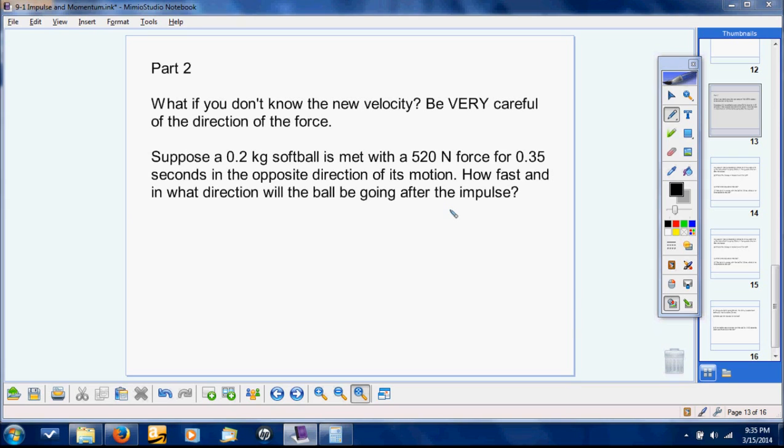How fast and in what direction will the ball be going after the impulse?